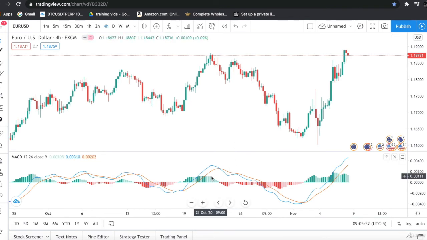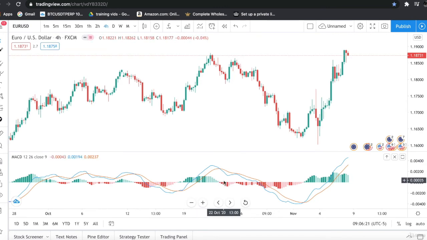So the histograms tell us the picture in advance that the buying activity is decreasing and we should take safety and mandatory precautions to exit from the market. Then as you can see, the MACD crossed over here. The signal line crossed over here, which gives us a sell signal, and the histograms begin to turn red.